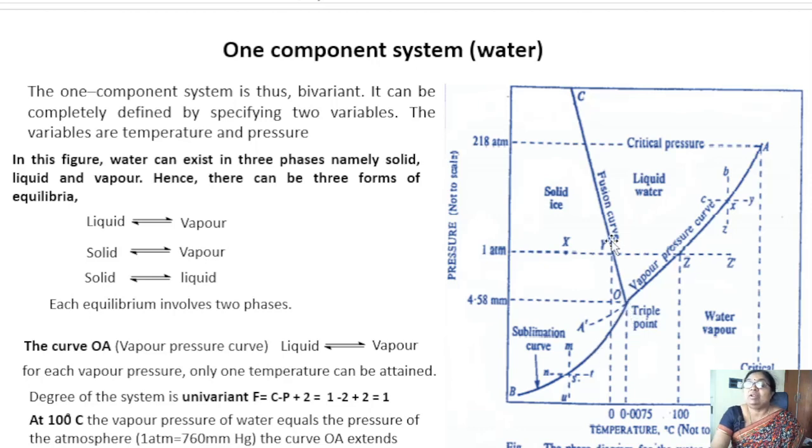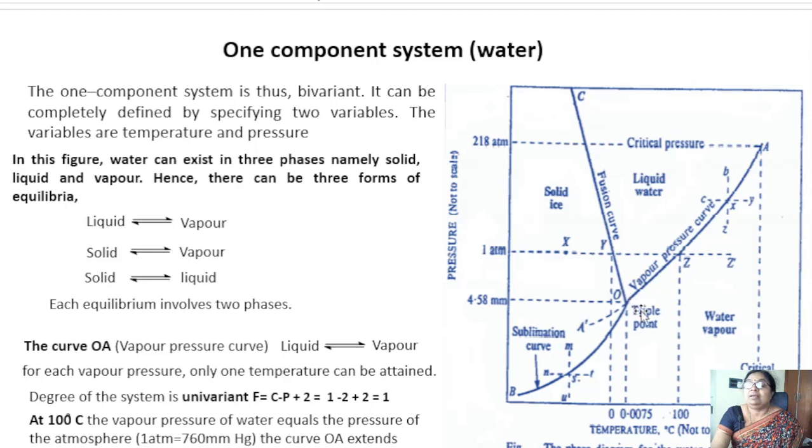This is the fusion curve. It means it will increase the vapor pressure, which is then utilized for the formation of ice, and with further increase the OC curve will appear.